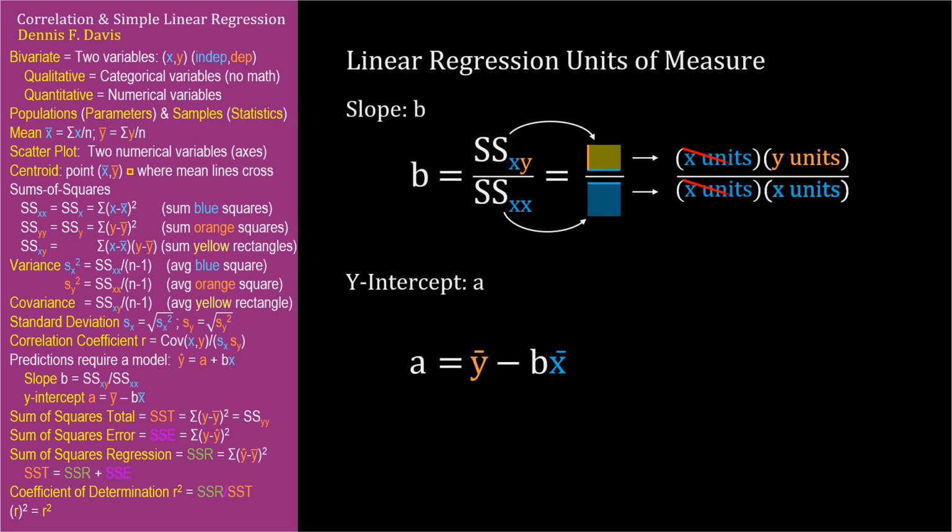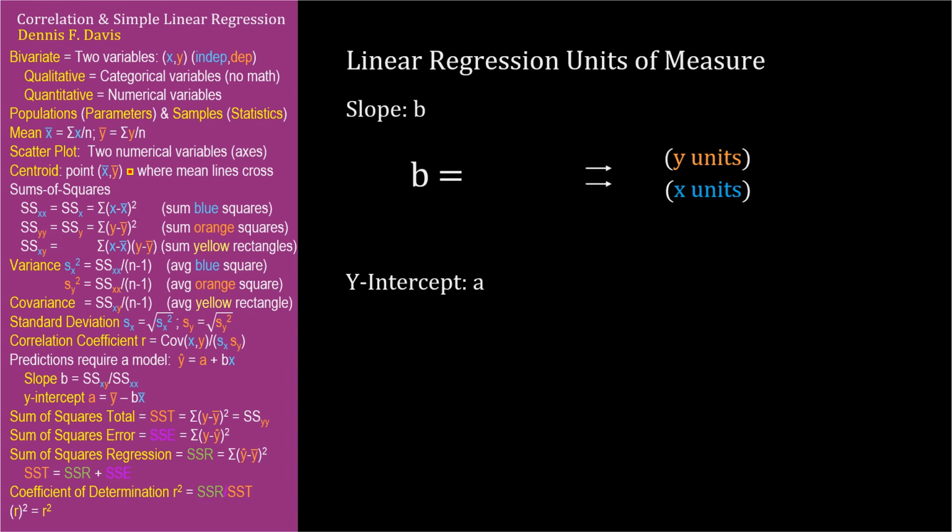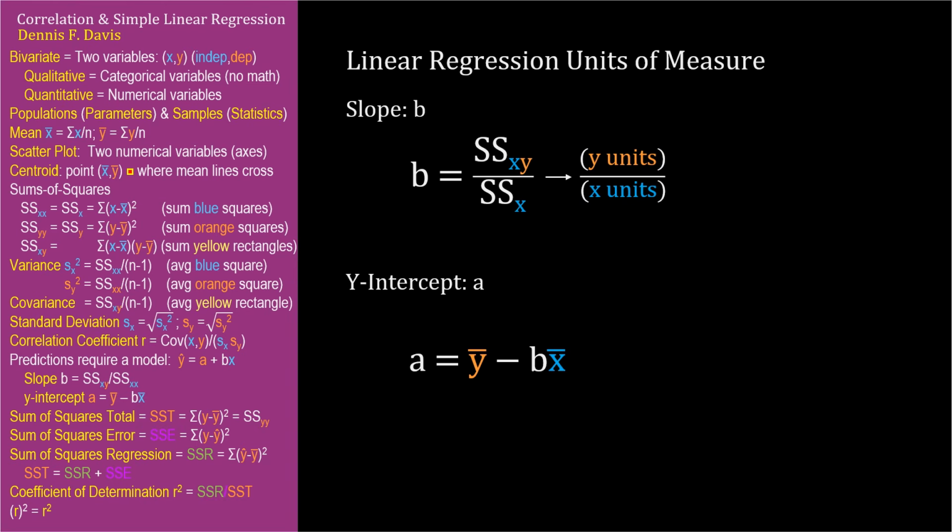An x unit cancels from the numerator and denominator, leaving us with y units divided by x units for the slope. And this makes sense and is what we'd expect. The slope is rise over run, the ratio of the change in the y variable per change in the x variable, y over x. Perfect. Now for the y-intercept. The unit of measure of y bar is the y unit.